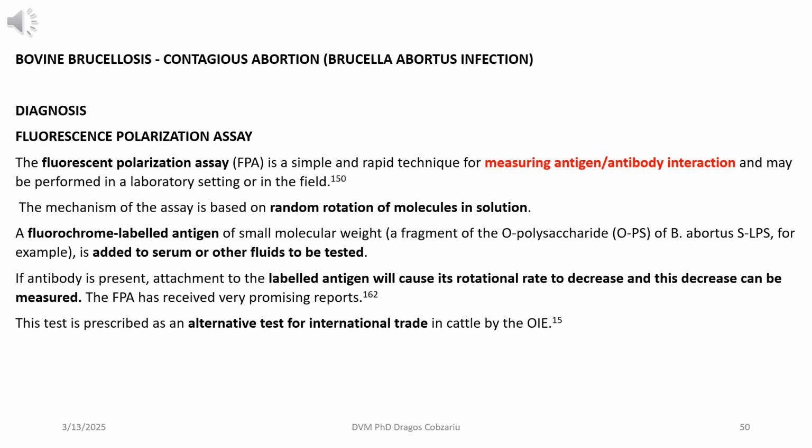A fluorochrome labeled antigen of small molecular weight, a fragment of the O polysaccharide, OPS, of B. abortus S-LPS, for example, is added to serum or other fluids to be tested. If antibody is present, attachment to the labeled antigen will cause its rotational rate to decrease and this decrease can be measured. The FPA has received very promising reports. This test is prescribed as an alternative test for international trade in cattle by the WOAH.